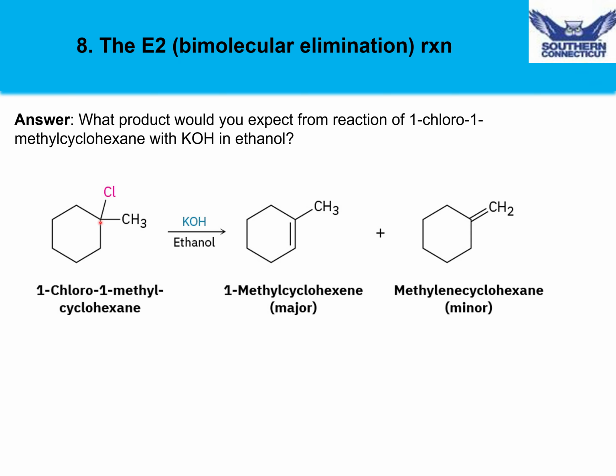The product would be formed by eliminating a hydrogen from an adjacent carbon. For example, we could remove a hydrogen from this carbon here, or from this carbon here. Removing a hydrogen from either of those carbons would lead to the same alkene product based on the symmetry of this molecule once we eliminate this halogen.